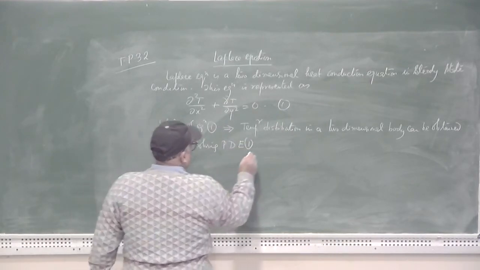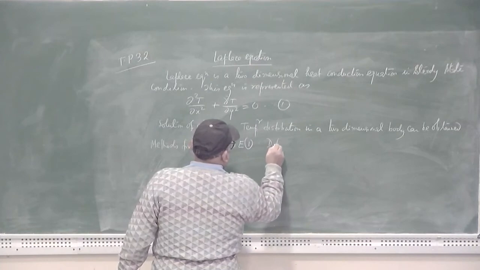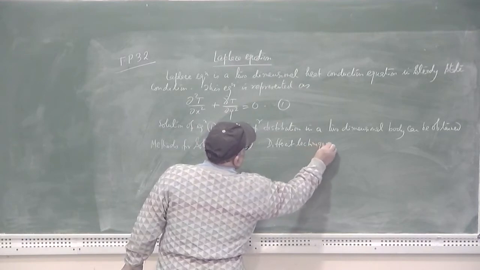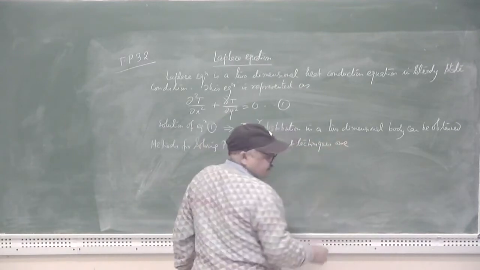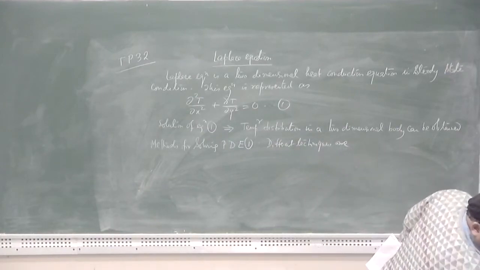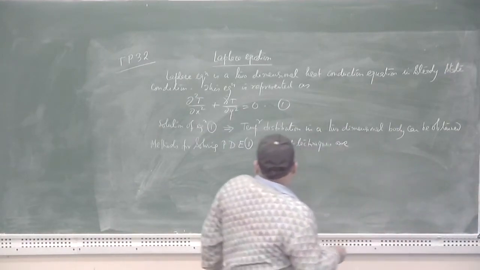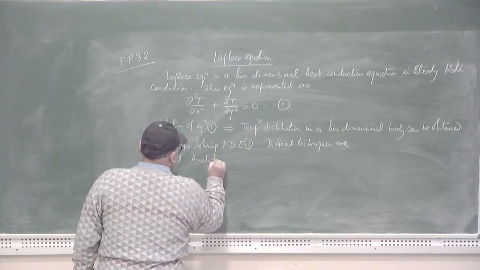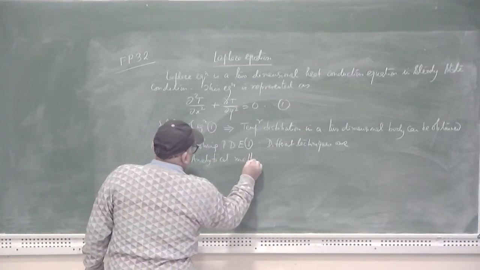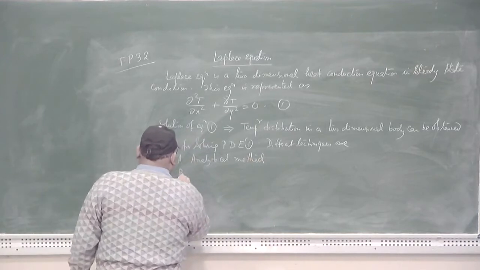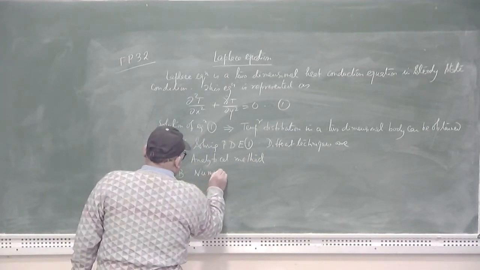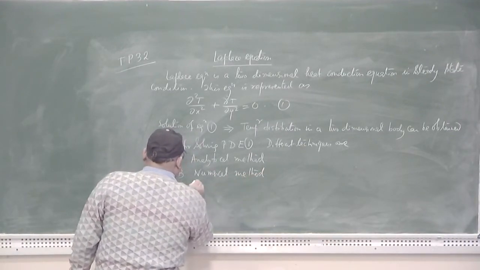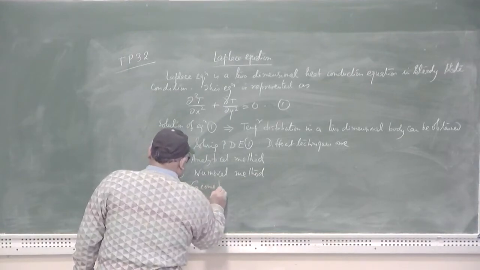The different techniques are: number A, the analytical method; number B, the numerical method; and number C, the geometrical method.